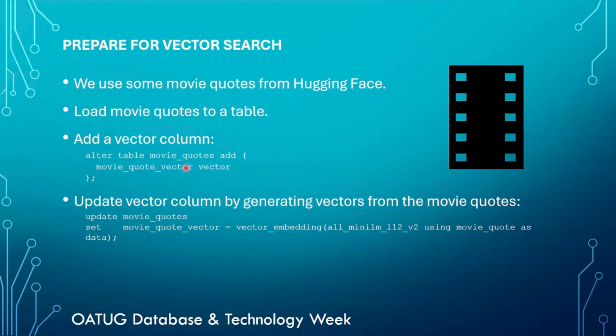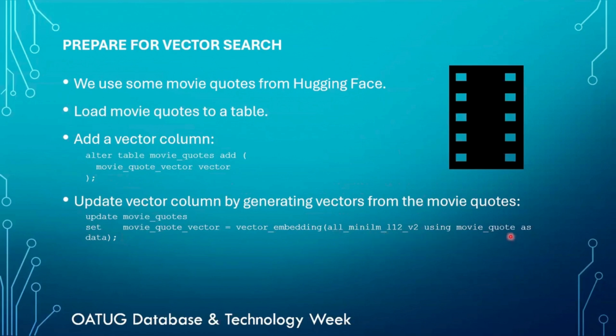Once I have that data in the table, I'm adding a vector column to the table. That's the vector data type that I talked about. It's called movie_quote_vector, that's the column name. Now I'm going to generate vectors for that particular column.